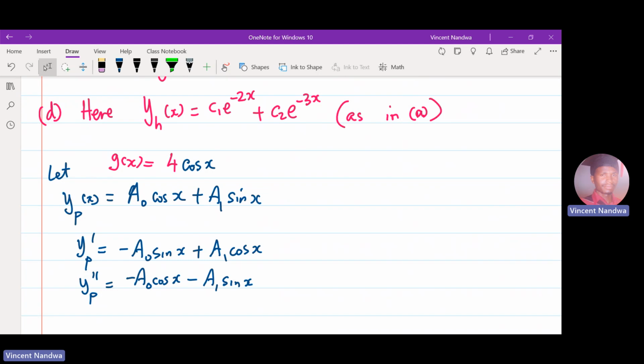So that's what we have. Now with those values, we replace into the differential equation.